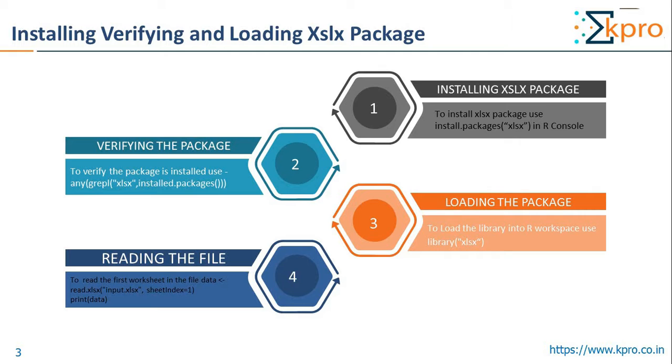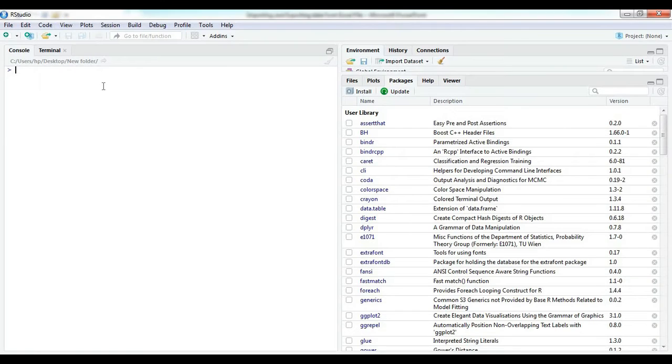Let us demonstrate how to implement these things in RStudio. So the first step in the entire process will be installing the packages, and that can be done using install.packages function, and as the argument we have to pass the name of the package. So let me show you how we can do it.